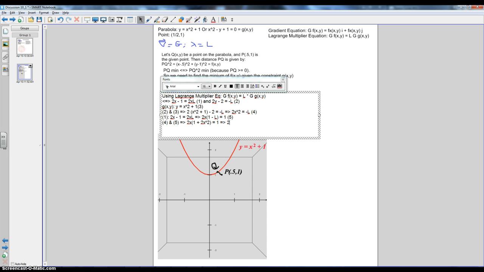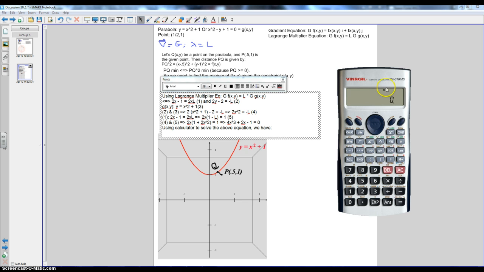So 4x cubed plus 2x minus 1 equal 0. Let's use the calculator to solve the above equation.